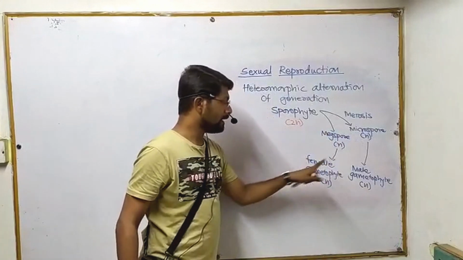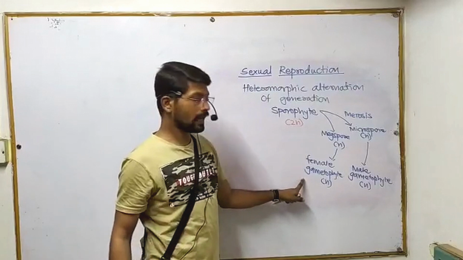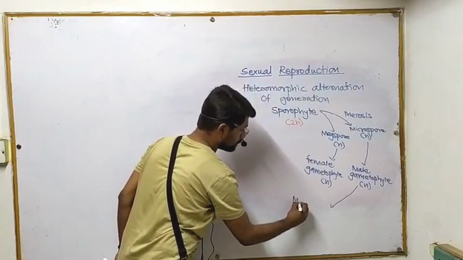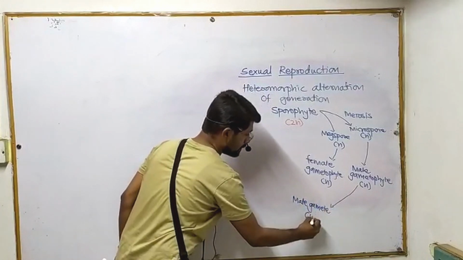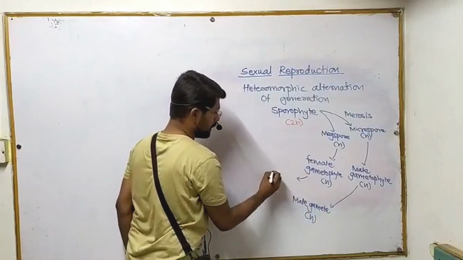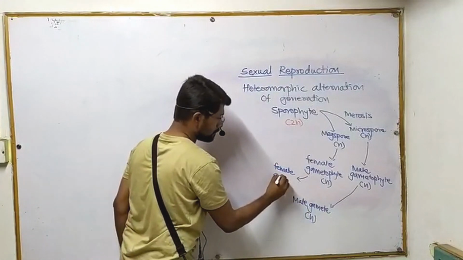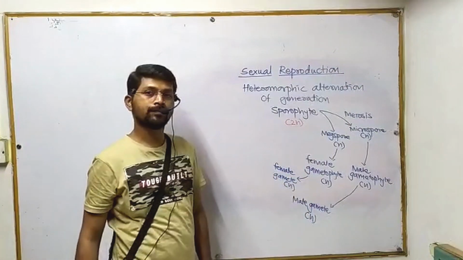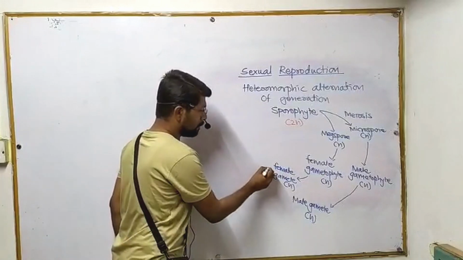Now the male gametophyte and female gametophyte are the structures which actually produce the gametes. Male gametophyte will produce the male gamete. Gametes are obviously haploid. Female gametophyte will produce the female gamete, which is also haploid.